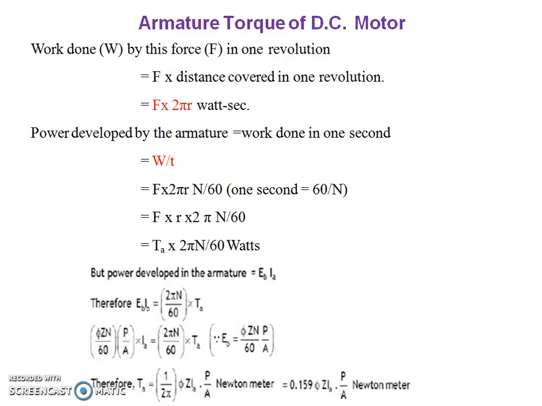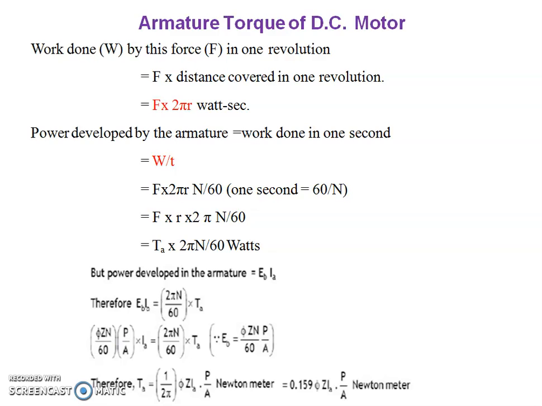So you have F into R into 2 pi N by 60. F into R is nothing but TA, but power developed in the armature is also given by EB into IA, that is back EMF into armature current. Equating both, you get EB IA is equal to 2 pi N TA by 60.